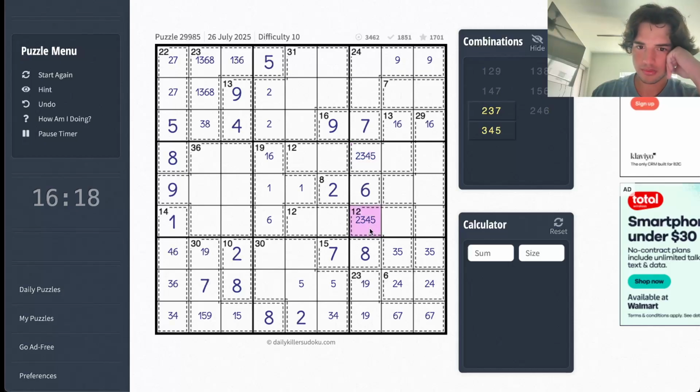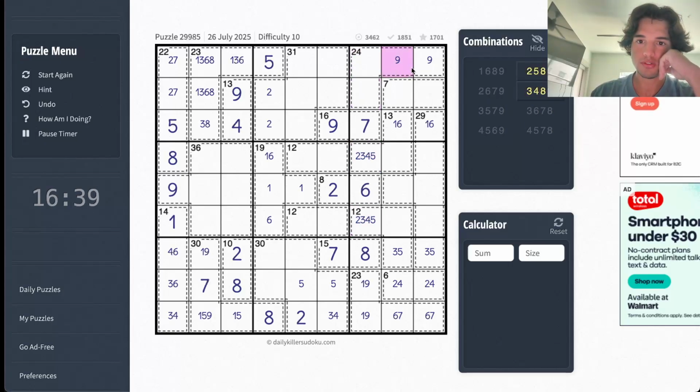But let's just say this were to be 2, 5. Could 2, 5 go here? And then could 3, 4 go here? No, because then what would be the only digits here? The other pair must go here.